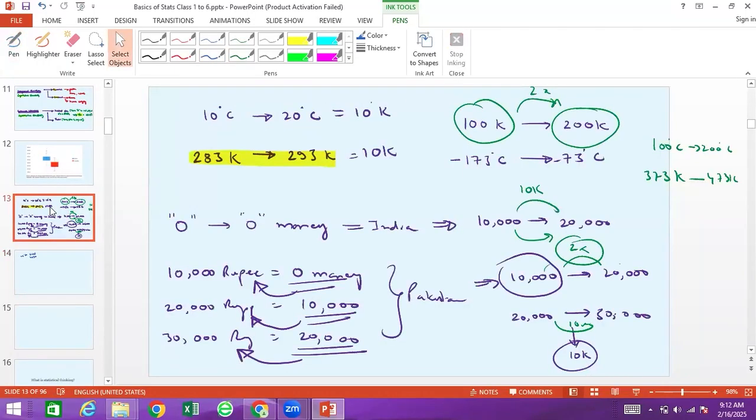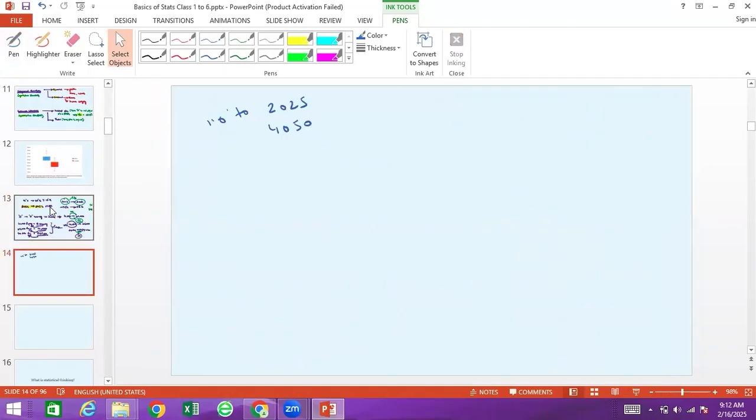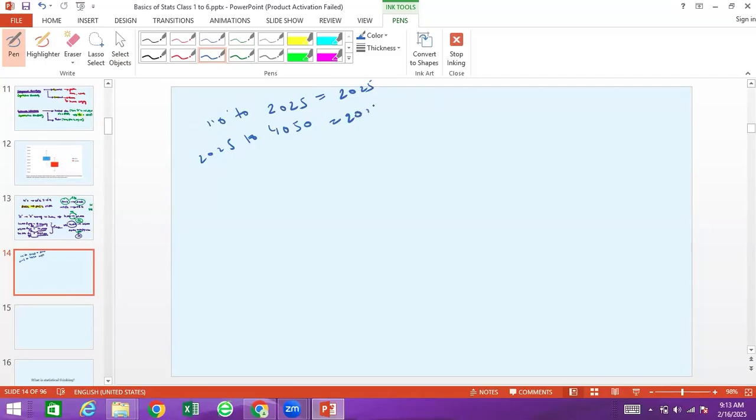So we can say that the interval between 0 and 2025 and between 2025 and 4050 is defined. Between 0 and 2025 there will be 2025 years, and between 2025 and 4050 there will again be 2025 years. So the interval is defined.